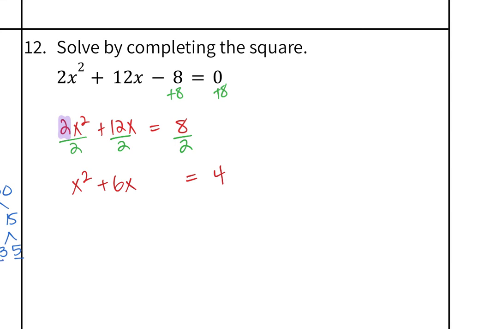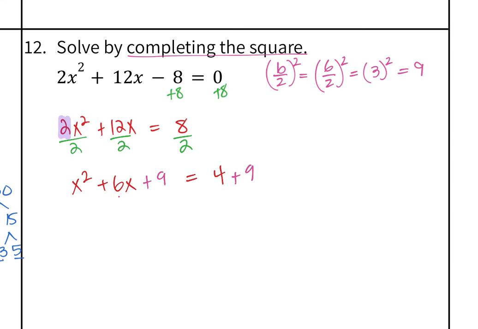In that space, here's the whole thing that makes completing the square work: b over 2, squared. In this case, our b is 6, so 6 over 2 squared. That would be 3 squared, which is 9. So we are going to add 9 to both sides of the equal sign.